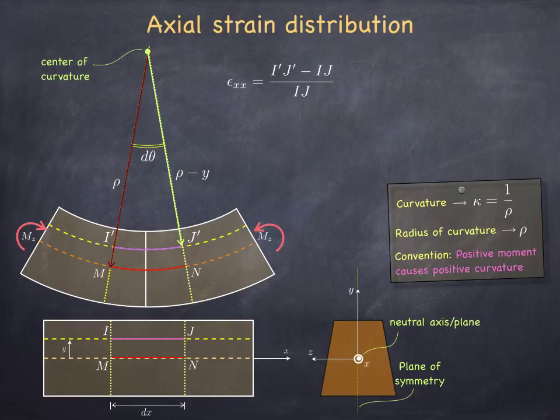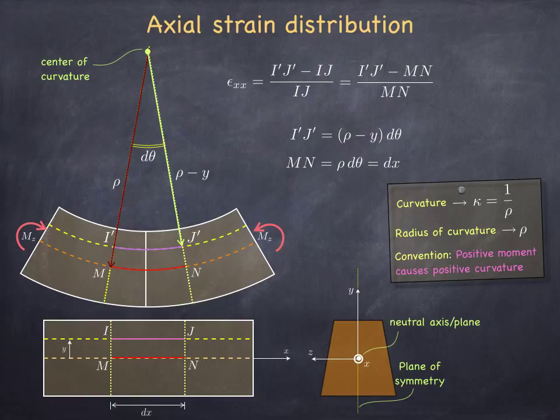Of course, the original length IJ is also equal to MN, so I can replace it with that. Then we use a basic observation from geometry that the length of the circular arc I prime J prime is the radius of the circle that arc belongs to, which is rho minus y, times the angle d theta.